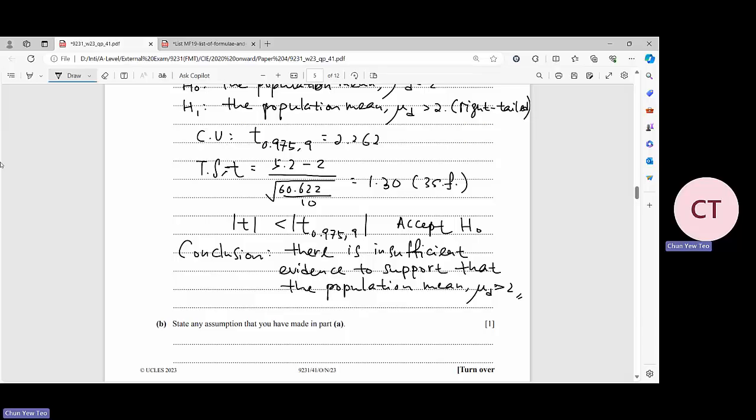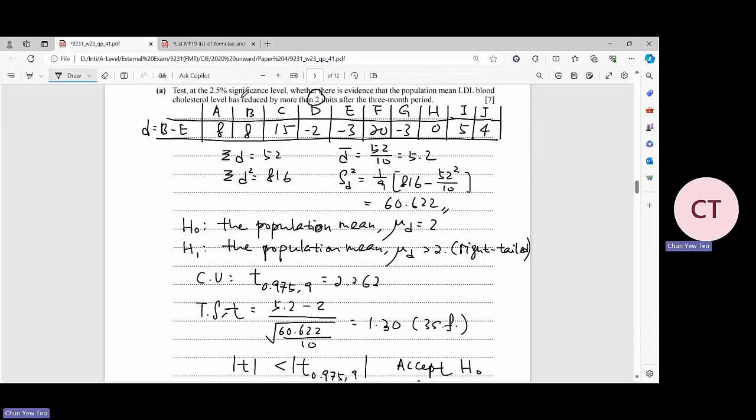Okay, I just write like this will do. So this will be the answer for part A.